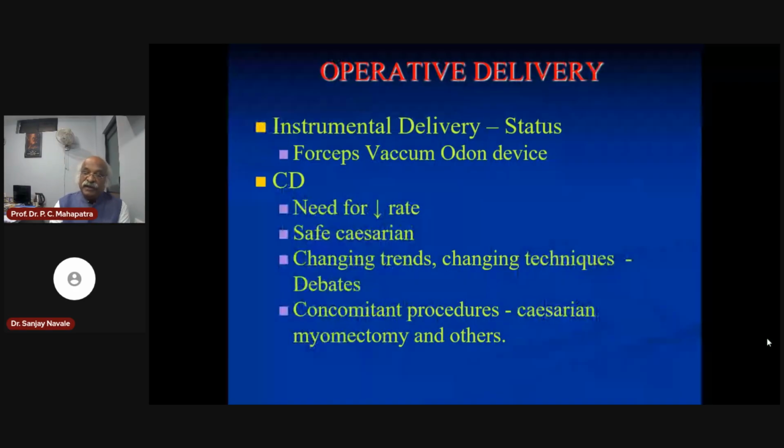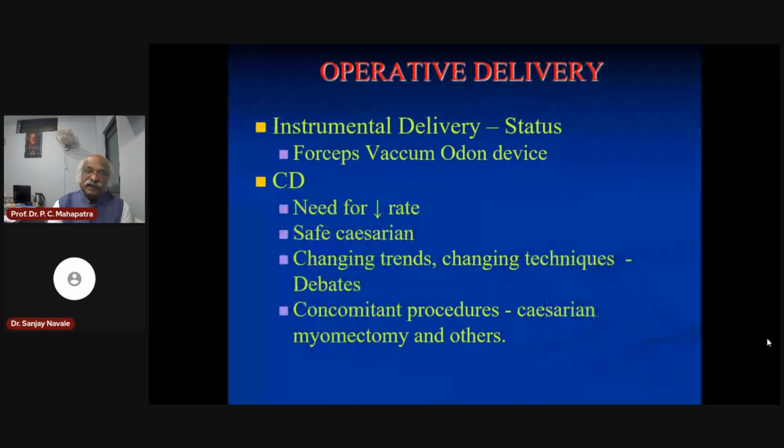These are all debates. The Misgav-Ladach technique, when it came, really propounded single layer closure of the uterus with avoidance of peritoneal closure, and it really caught on. Now evidence shows there is a debate regarding single layer versus double layer.